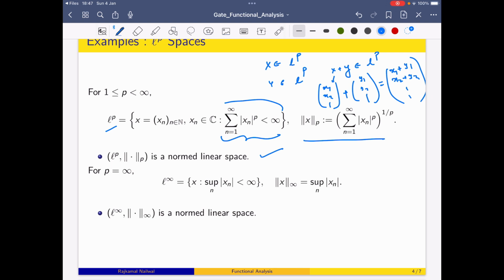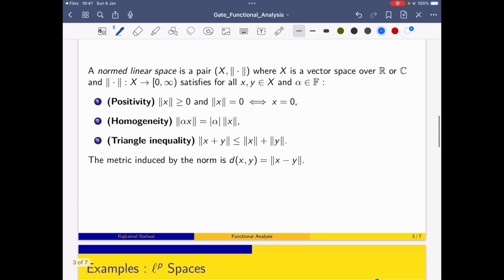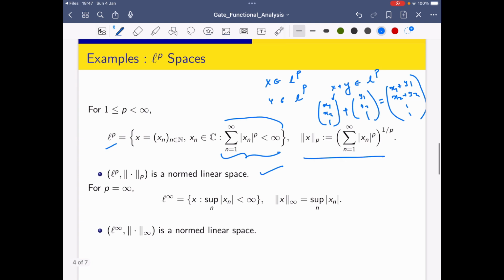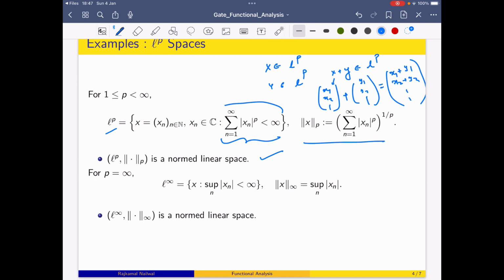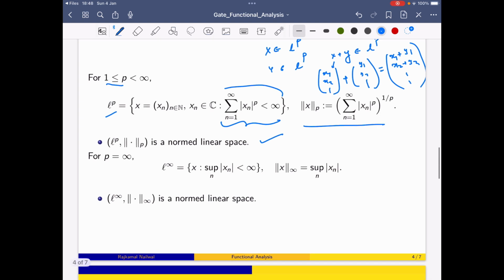Now what is the problem when you take p less than 1? If you take p less than 1, then the third property, the triangle inequality, fails to be satisfied. That's why it's not a normed linear space. So p must be greater than or equal to 1 and less than infinity, that means p should be a finite number.